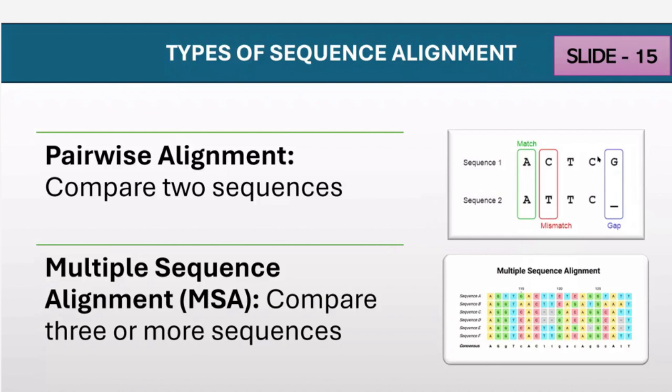Multiple sequence alignment can also be understood from this image. We compare more than two sequences, and in this image it is easy to understand the similarities because they give different colors to each nucleotide base.